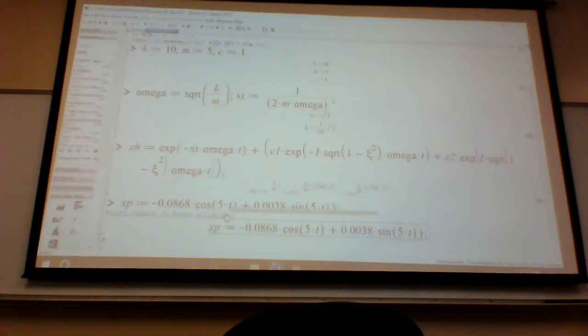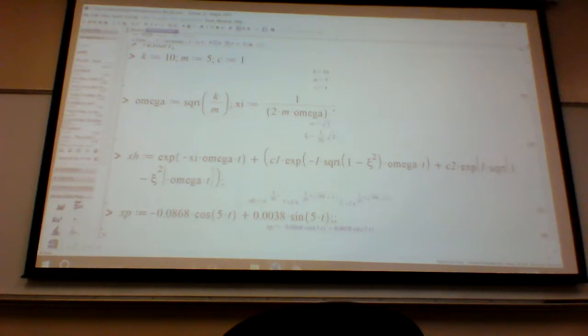What did I do here? You accidentally put an extra, yeah, that. I have an extra one. All right, so x equal to x homogeneous plus x particular.